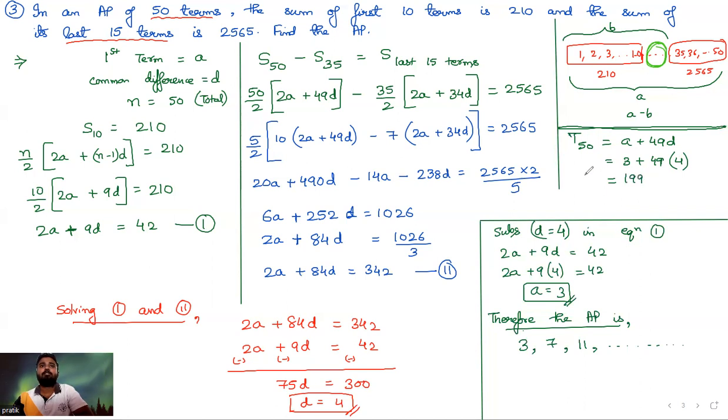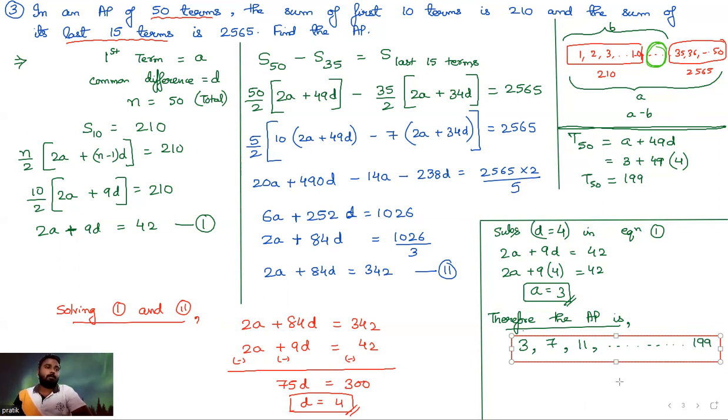That's your 50th term. The AP goes till 199. That's the required AP that is to be found out.